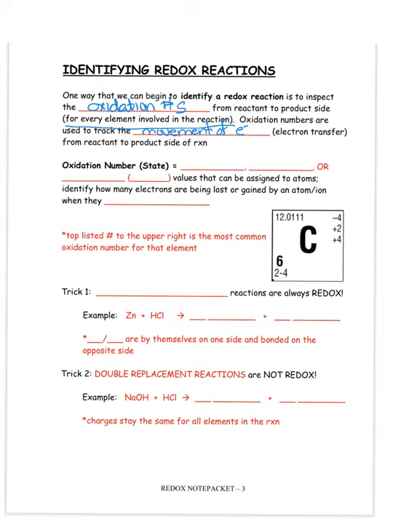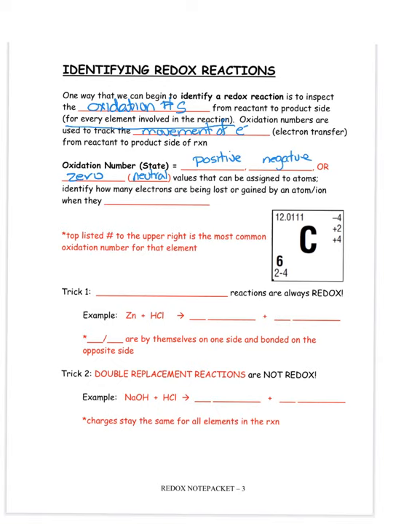Okay, oxidation numbers or oxidation states can be positive, they could be negative, or they can be 0, which is also neutral. We'll just write neutral in there. Values that can be assigned to atoms.